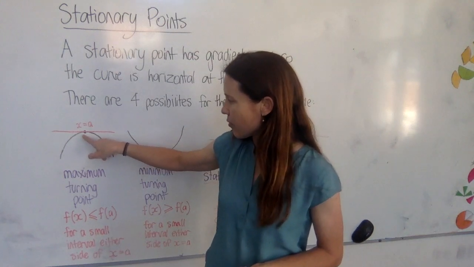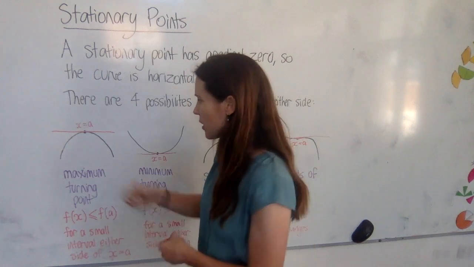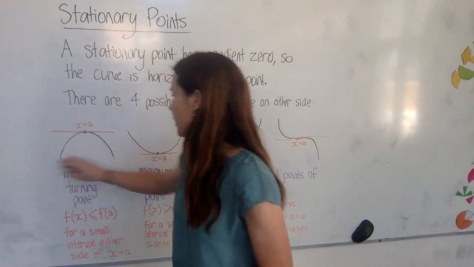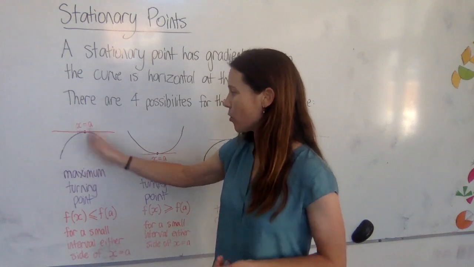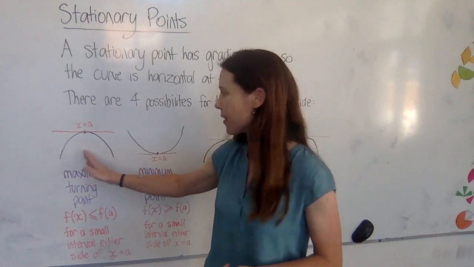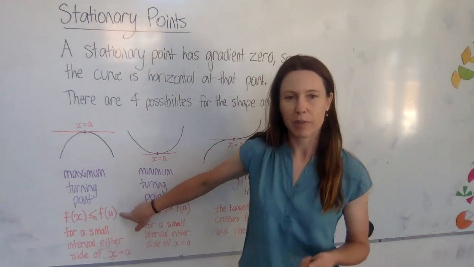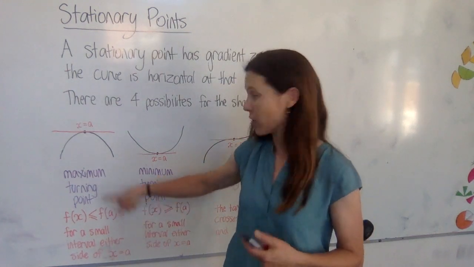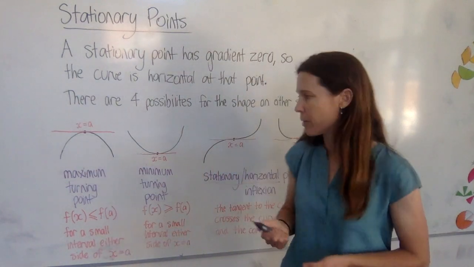Now this point here, if we've got some value of x, we're just calling it a. So let's say we graph this thing on a Cartesian plane, and as we go along our x values, perhaps we're at 3 or 4 or whatever it is, we'll just call it a and say at that point, what's y? Well, we'd call that f of a, wouldn't we? Because we'd be subbing a into the function to see how tall, if you like, this y value is.